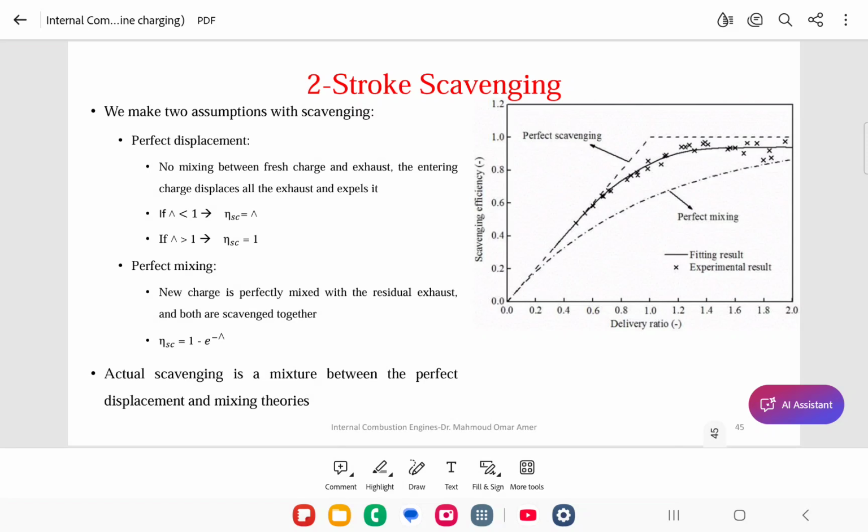The solid line and the x points are from experimental calculations, and the solid line is the best fit line. You can see that at the beginning it matches the perfect displacement for low delivery ratios, and for high delivery ratios it starts to resemble the perfect mixing.